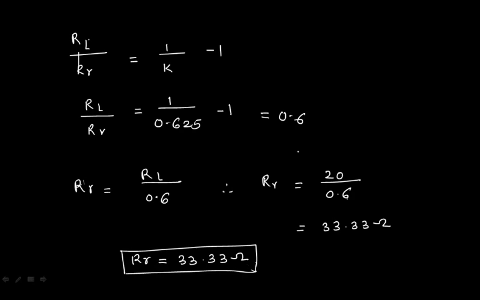So the second topic I'm going to talk about is the radiated power, and we'll solve some problems based on the radiated power. So I'll say this is my problem number 4.